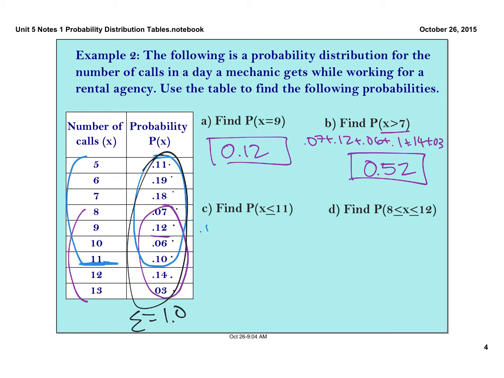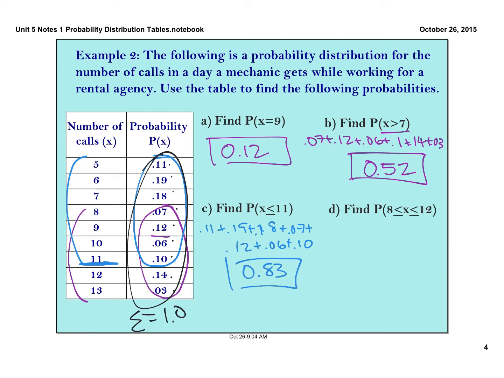So I have 0.11 plus 0.19 plus 0.18 plus 0.07 plus 0.12 plus 0.06 plus 0.10. When I add all those, I get 0.83.